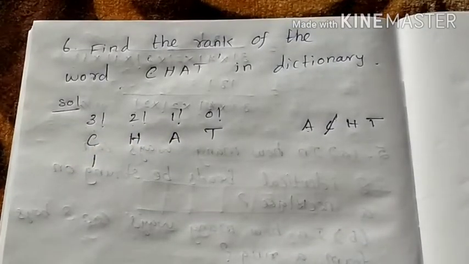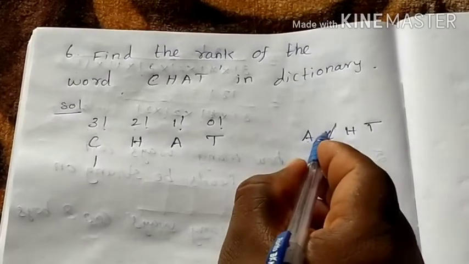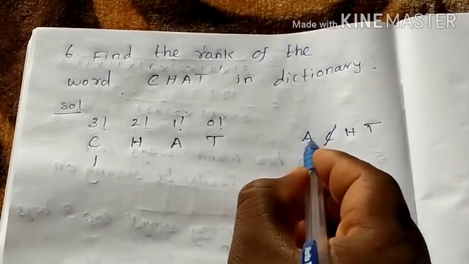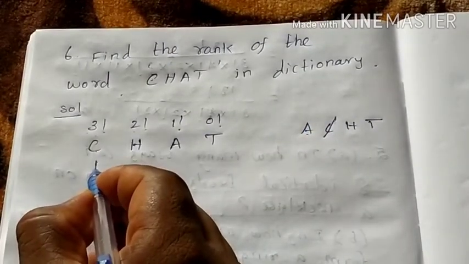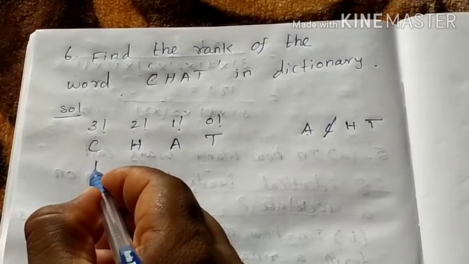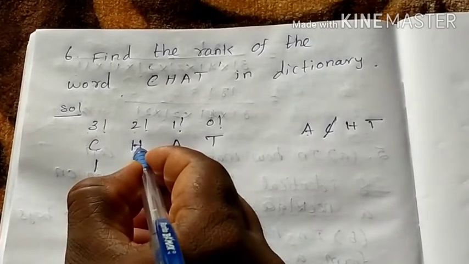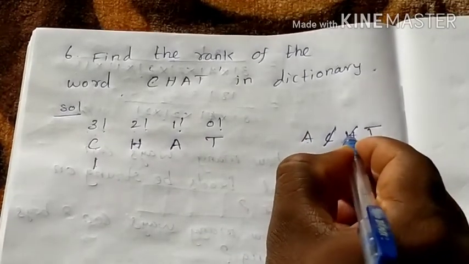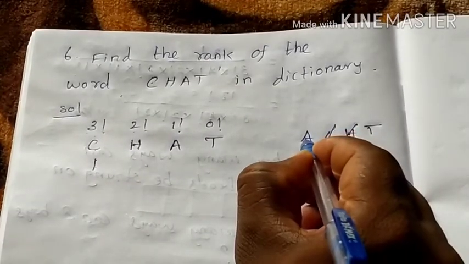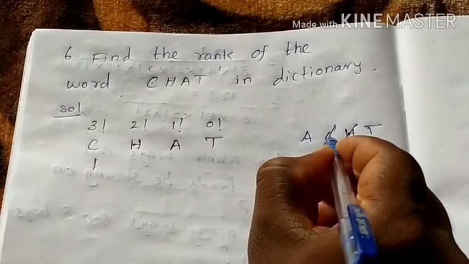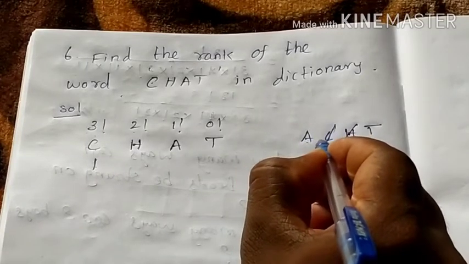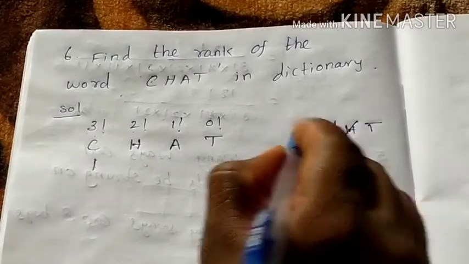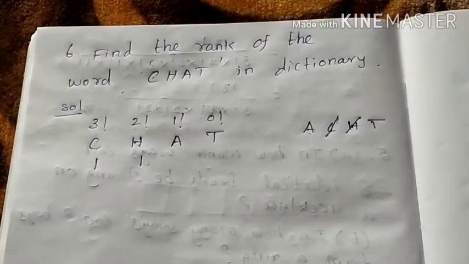Have you understood? Okay, write the number of letters before it below C. Then consider H. So H is here. Before H we get only one letter because we already crossed the letter C. Have you understood?